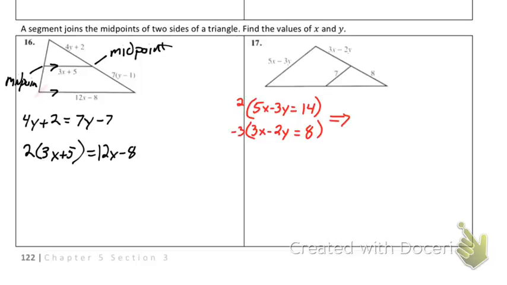Is that what you did? That's what I did. So we have 10x minus 6y equals 28. And down here we'll have negative 9x plus 6y. Oh, I didn't make the 9 negative. That makes all the world of difference. Are you good then? Maybe? Okay. Other questions?